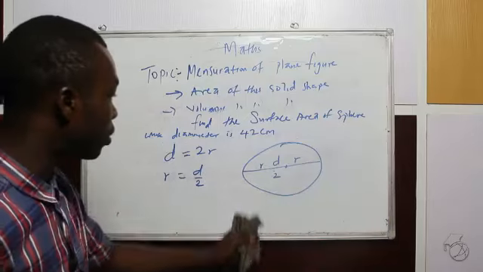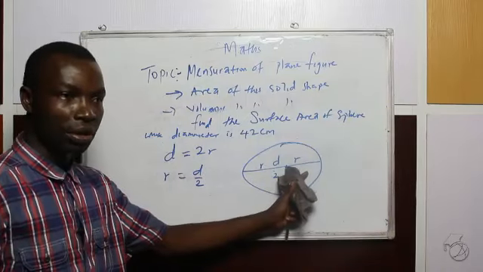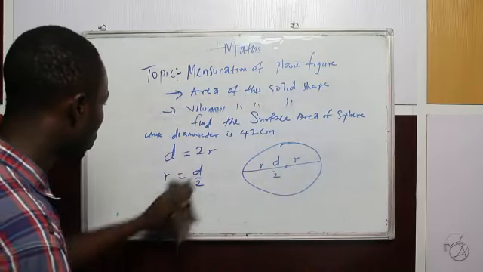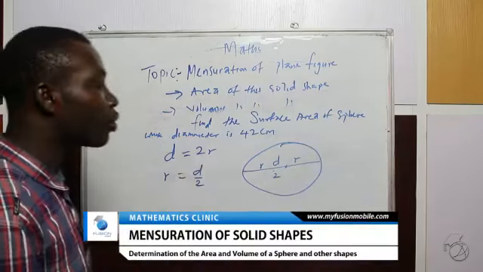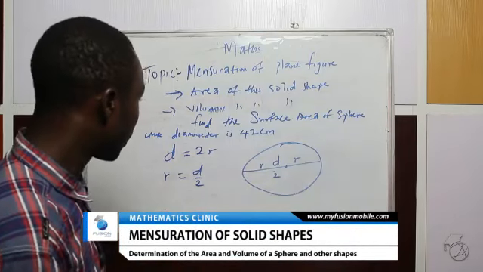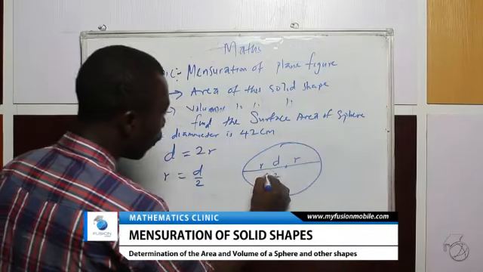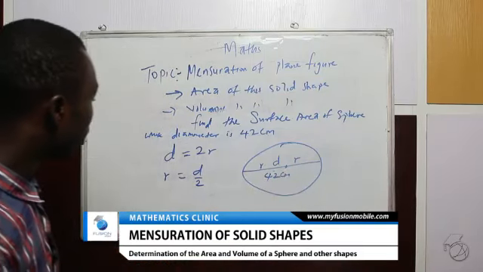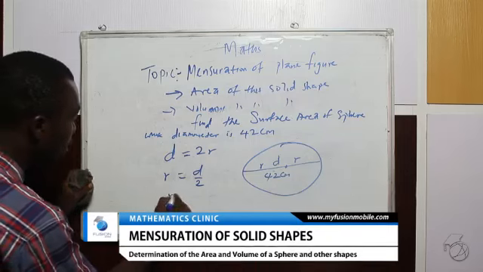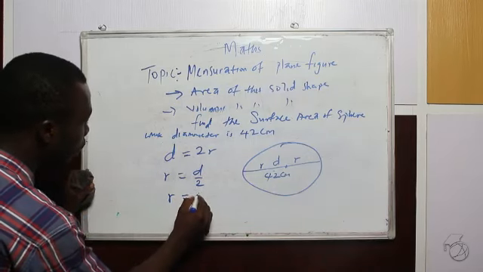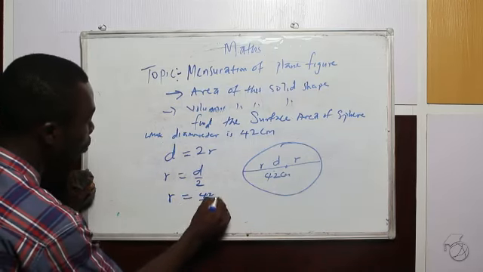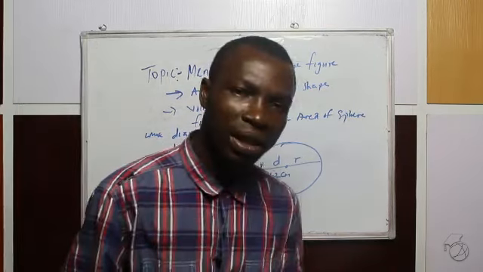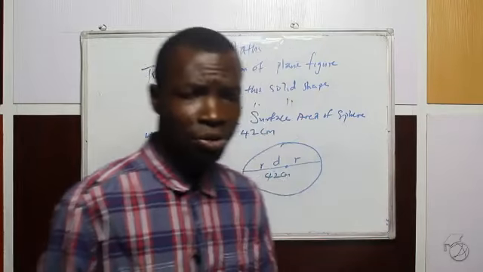So you have 2 radii. Then we have 42 centimeter as our diameter. Now, to find our radius, r is equal to 42 divided by 2, which will give us 21 centimeter. So we've gotten our radius easily.